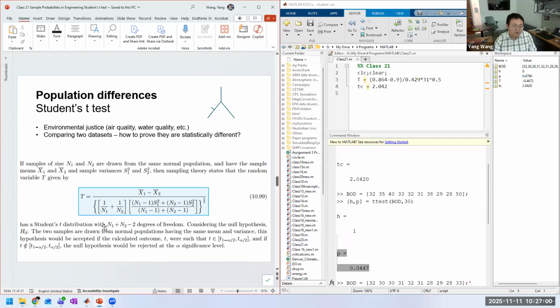Here, you have to consider the number of samples for both groups, n1 plus n2 minus 2. And then it involves the confidence level, or the significance level, and whether it's a one-tail test or two-tail test. Then you find the critical t based on the level we're looking for.